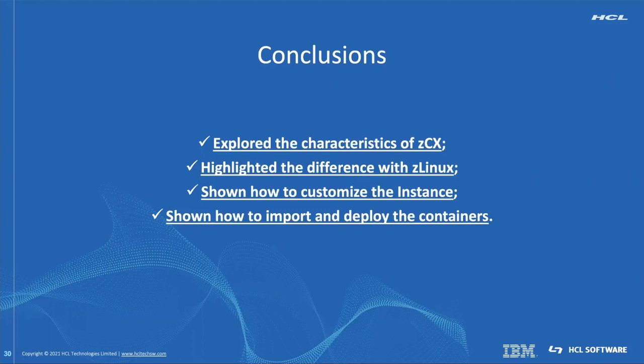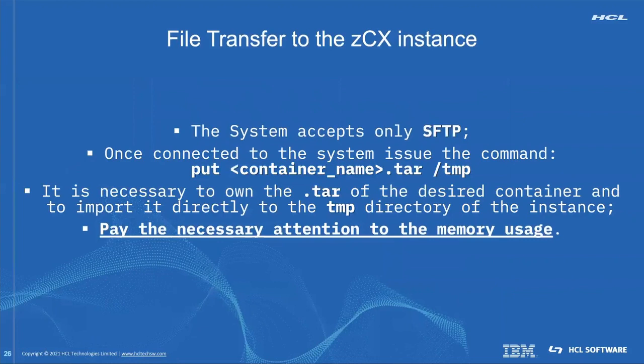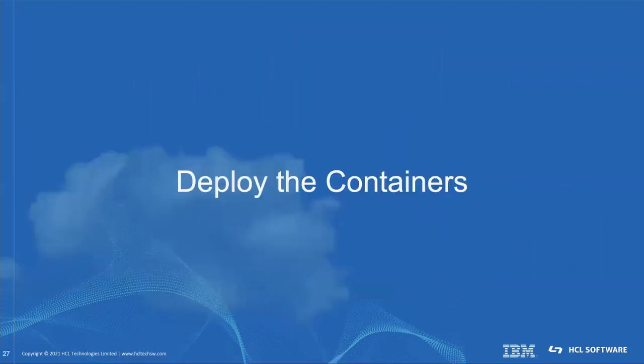But really, the part that relates to workload automation is just this one. I mean, until the transfer of the container on the zCX instance, basically this is the same path that you need to do for any containerized applications that you want to run on a zCX system.